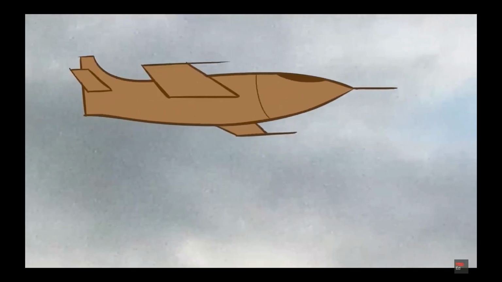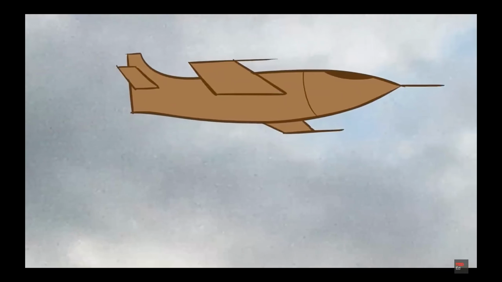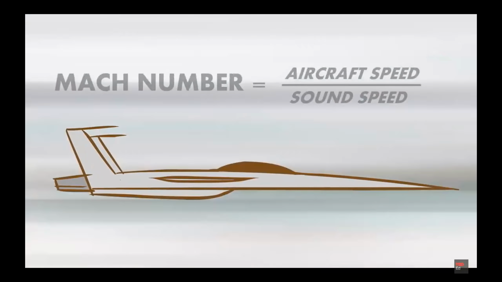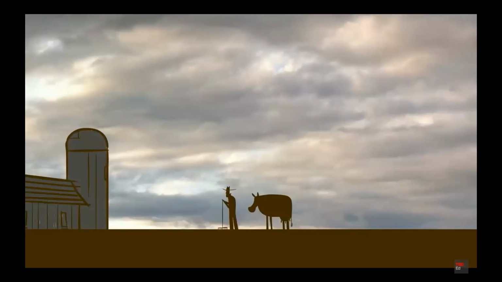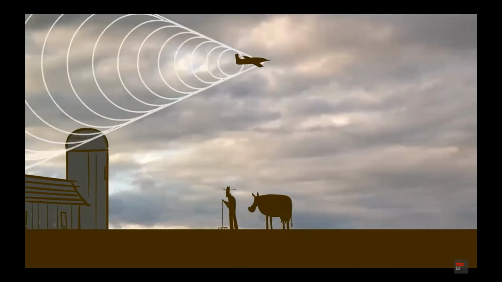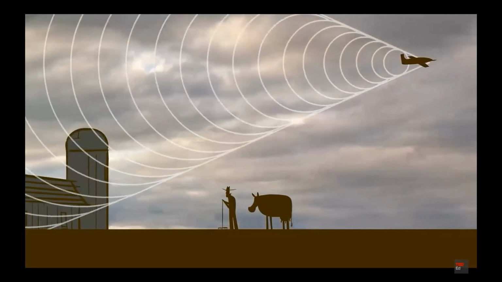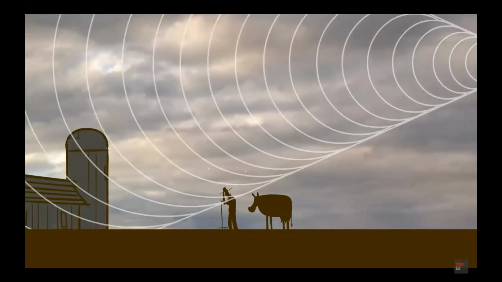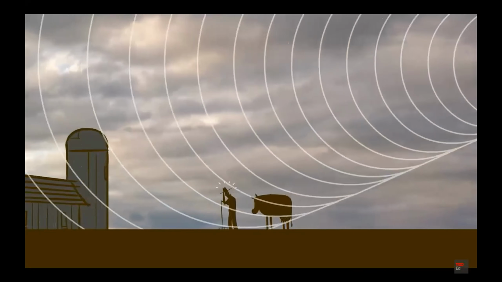The Bell X-1 was the first of many supersonic aircraft to follow, with later designs reaching speeds over Mach 3. Aircraft traveling at supersonic speed create a shock wave with a thunder-like noise known as a sonic boom, which can cause distress to people and animals below, or even damage buildings.